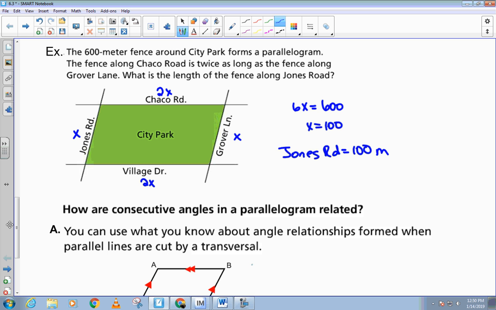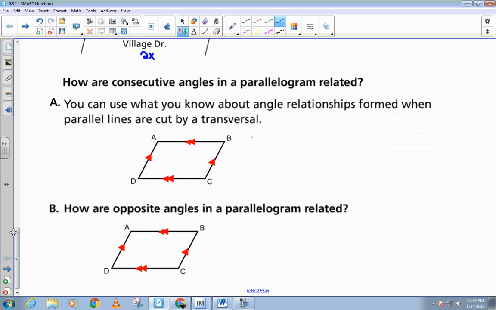Okay, so far we know that in a parallelogram, opposite sides are parallel and opposite sides are congruent. How are the consecutive angles in a parallelogram related? You can use what you know about angle relationships formed when parallel lines are cut by a transversal. So let's take these parallel lines and cut them by a transversal.